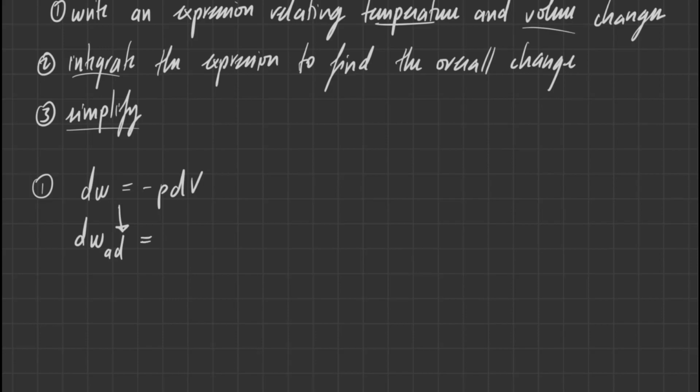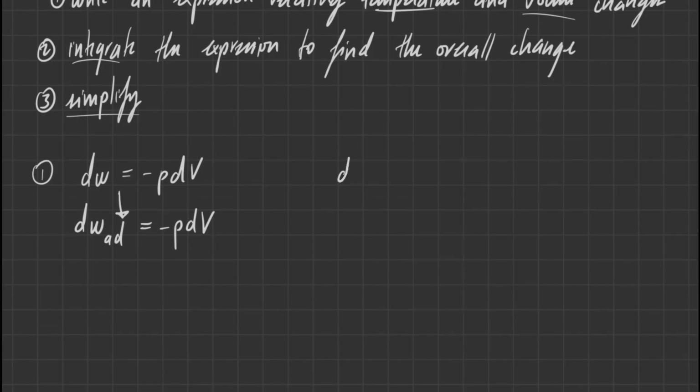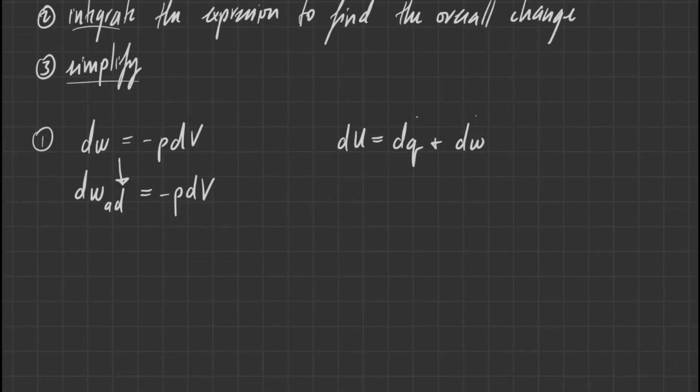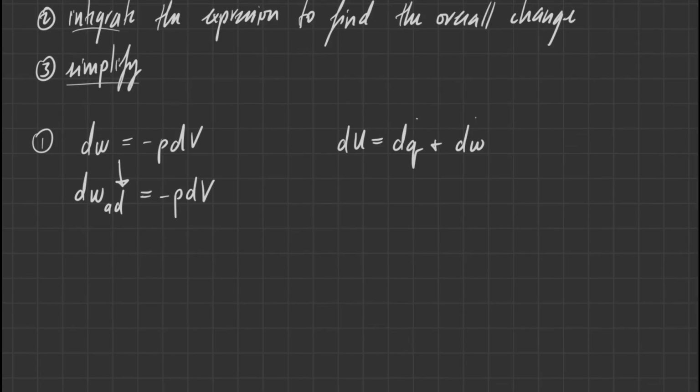Adiabatic work is equal to negative p dV. According to the first law, dU is equal to dq plus dW, so energy as heat and energy as work. In an adiabatic setting, dq is equal to 0 and dU is equal to dW adiabatic.